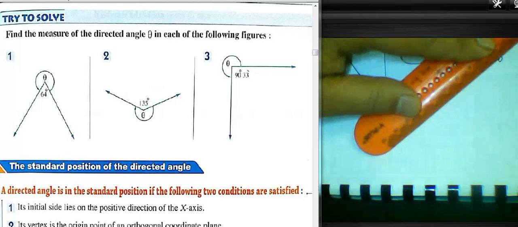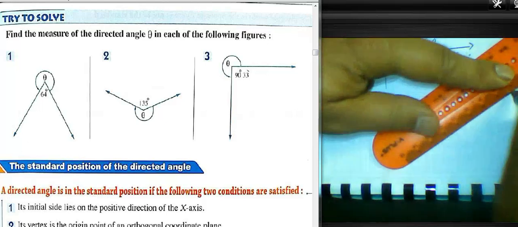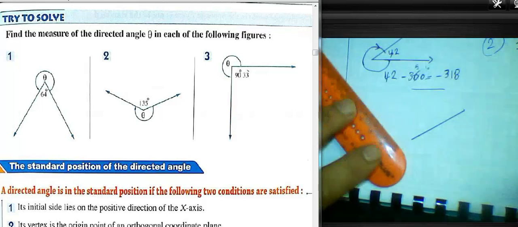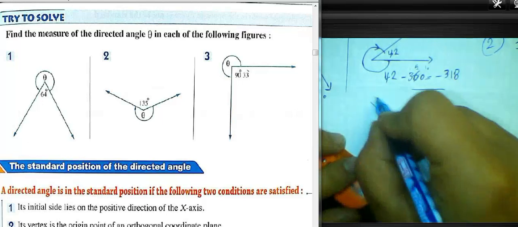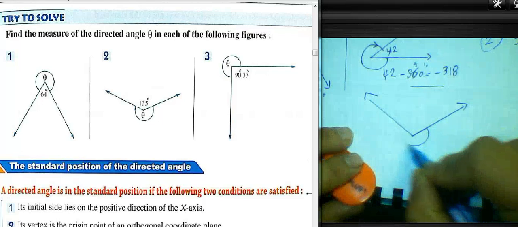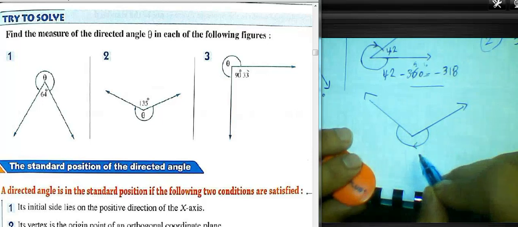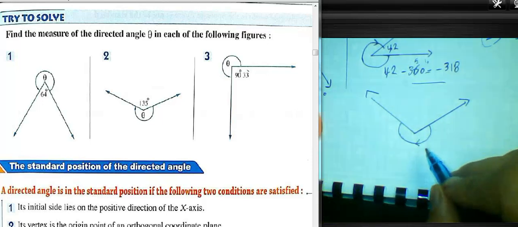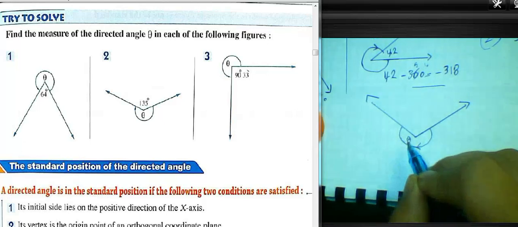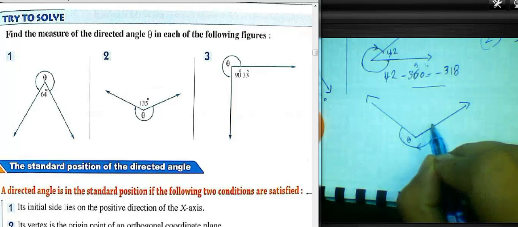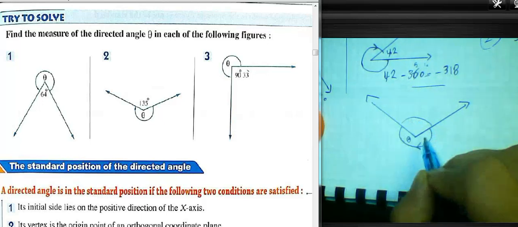Another question. Look with me here. This figure is a directed angle. This direction is clockwise, and this will be the inverse.